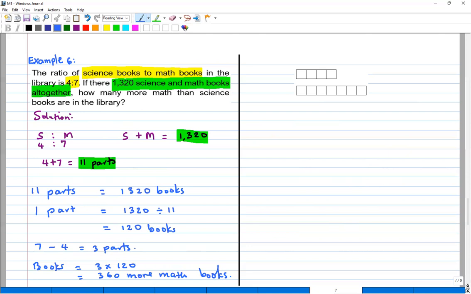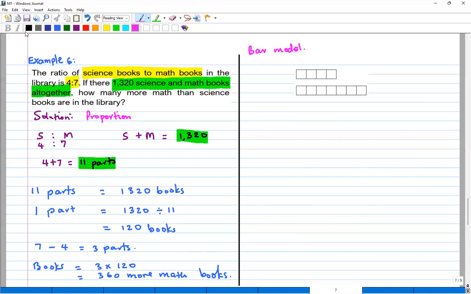Okay, let us see how to use the bar model method. Remember, this is the proportional method. And now let's use the bar model. So the ratio of science books to math books is 4:7.